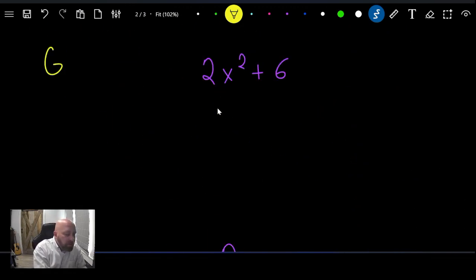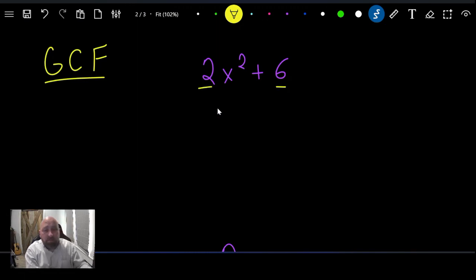So let's write GCF over here, because it's important that we write that. So now we're looking at 2 and 6. That's our numbers. So what is the GCF? 2 goes into 2 and 2 goes into 6. So our GCF is 2. Now notice x squared and nothing. So we do not have any letter GCF.